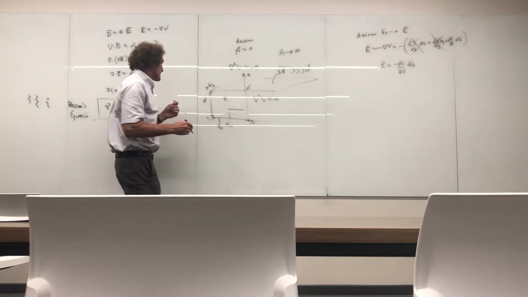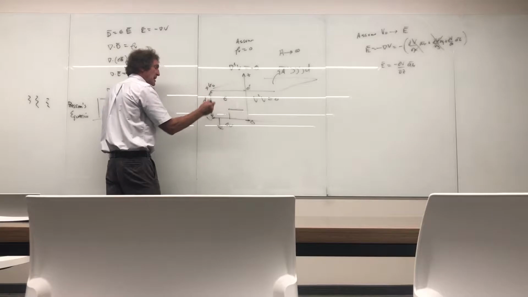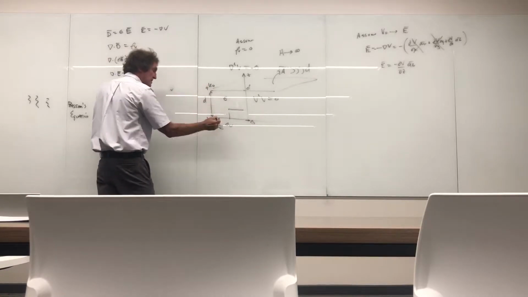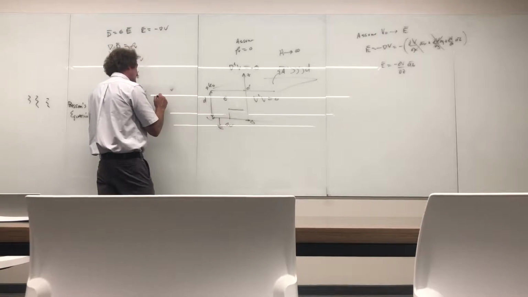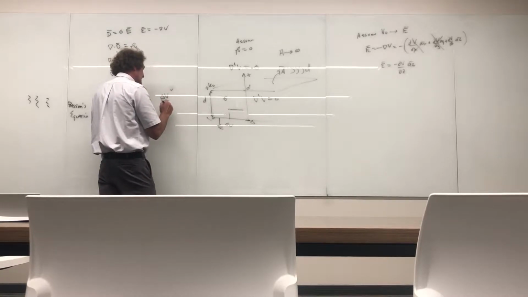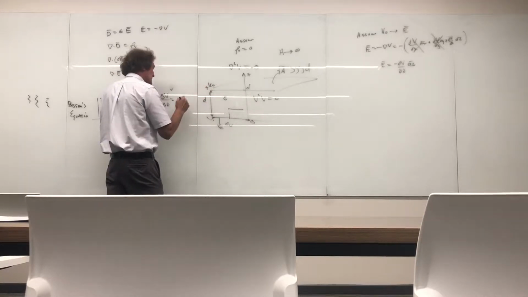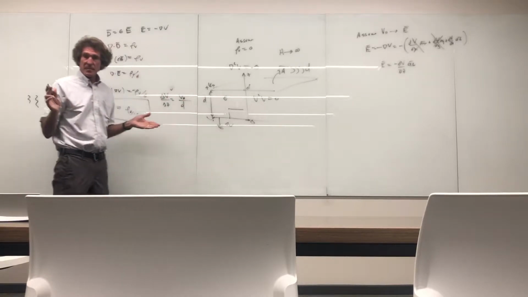I'm going to make the stipulation that from here to here I go from V naught to 0. When I take delta V over delta Z, I simply get V naught divided by D. Does that make sense to everybody?